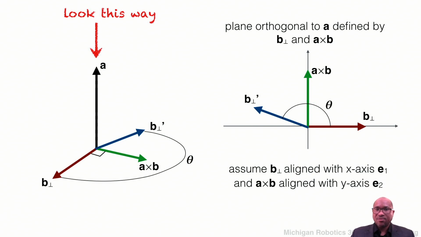If we consider those our elementary basis axes, then all we have to do is use a little bit of trigonometry to rotate our x-axis vector by our angle, and that will give us our B perpendicular prime.